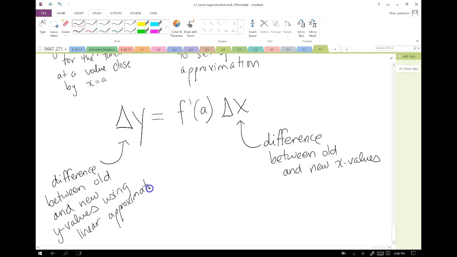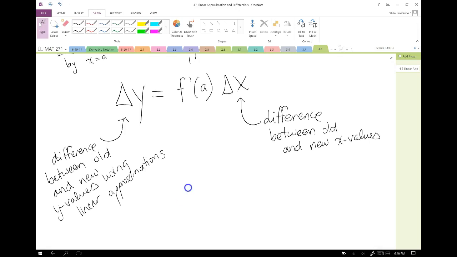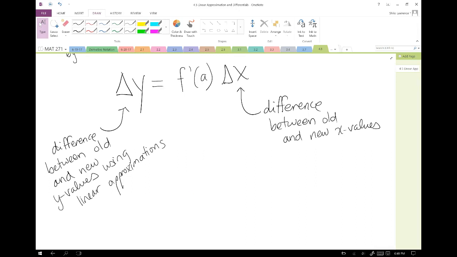We are going to see one more version of this that's going to change it very slightly. So we can come up with the same answer using this formula. We're just going to go about it a little bit differently.